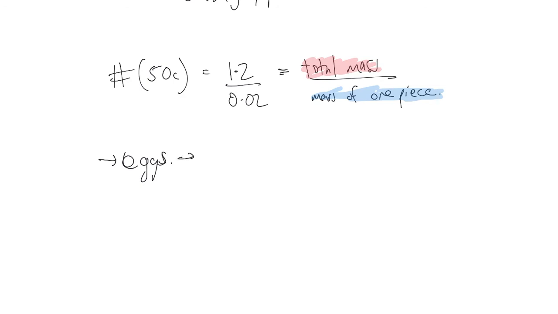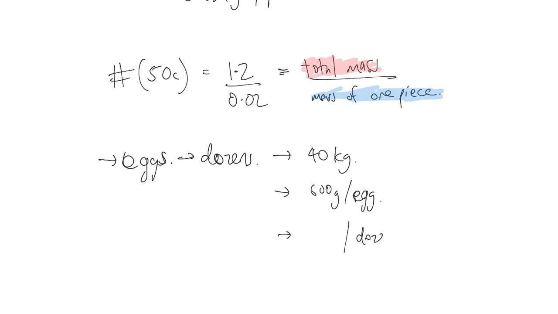Because eggs are sold in dozens, if I had 40 kilos worth of eggs, would it be useful for me to know how much each one egg weighs? Well, kind of. But because I want to sort them out into dozens, it's probably easier for me to know how much 1 dozen eggs weighs.